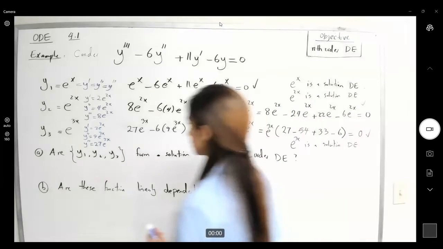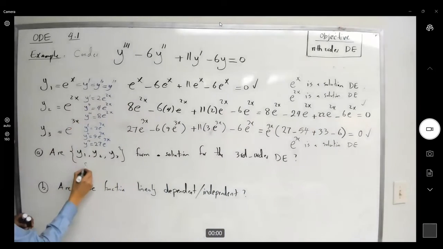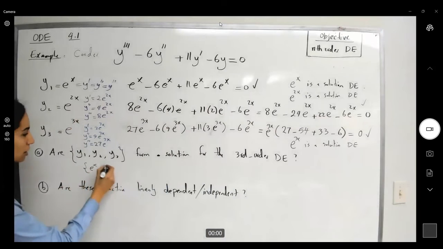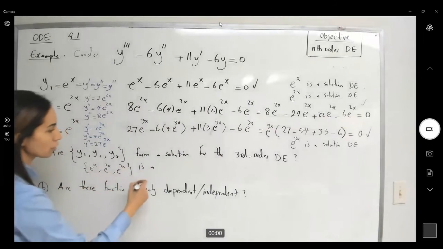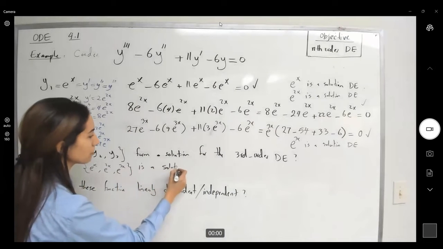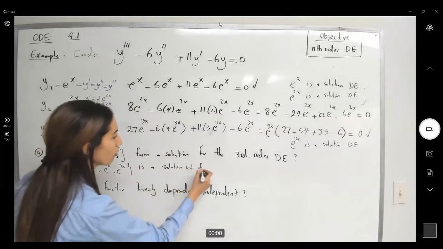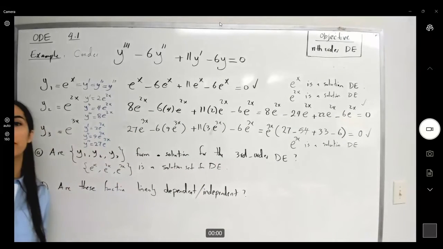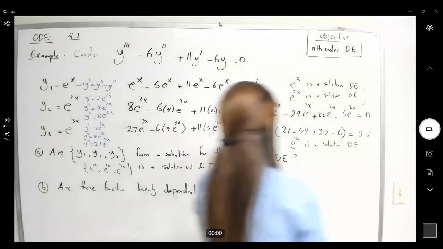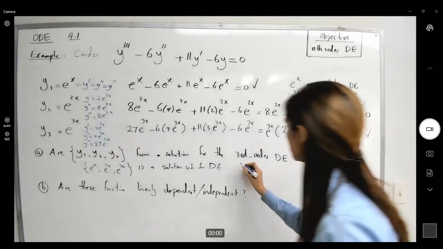So it means that this set, the set including e to the x, e to 2x, e to 3x, is a solution set for the differential equation. So we call this set a fundamental set. I'm learning something new.